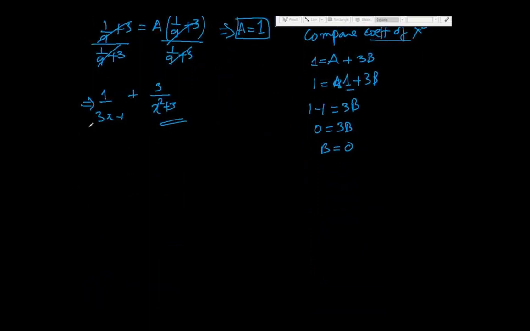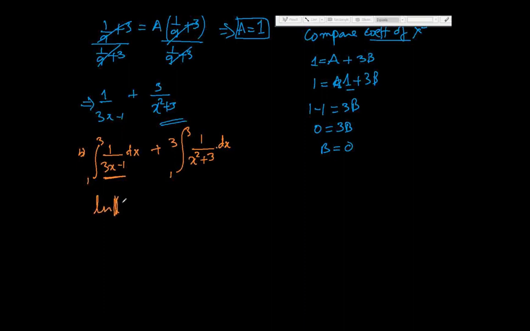All right. So we have to integrate from 1 to 3, 1 over 3x minus 1 dx plus, let's keep 3 outside, the integral from 1 to 3 of 1 over x squared plus 3 dx. This is the second part, the B part. The integration of this is simple. It will be natural log of, let's put an absolute sign here, 3x minus 1.